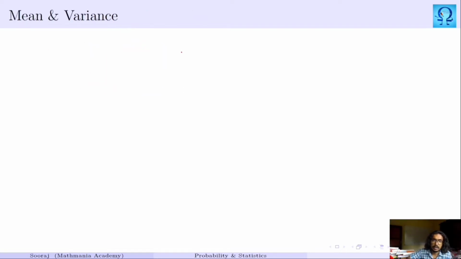Suppose given these three values, find an average or mean of it. How do we do it? For the mean, we just make the sum and divide by 3, since we have 3 entries, right? So this is how we were finding the mean. Why do we divide it by 3?